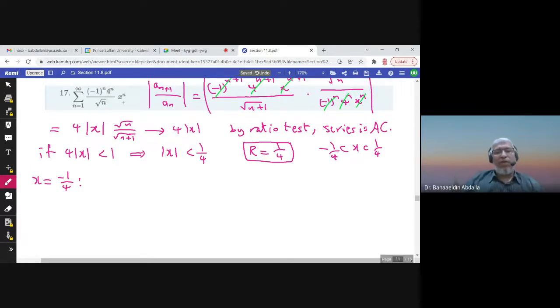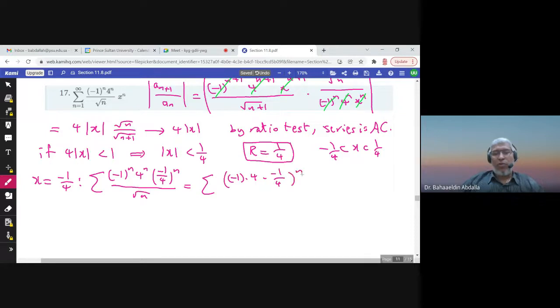If I put negative 1 over 4, let me do it. So since all these three have power n, I will use the property and multiply all of them together, all to the power n.